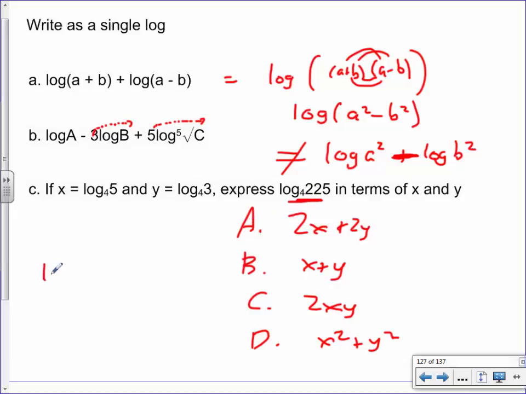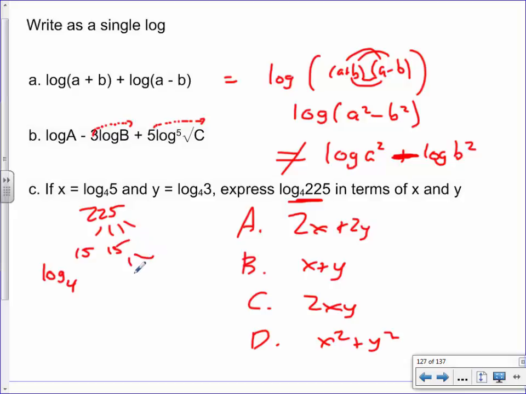Log base 4 of 225. Maybe in grade 7 you learned how to break it up based on factors. What are the factors of 225? It probably divides by 5, right? 15 and 15?